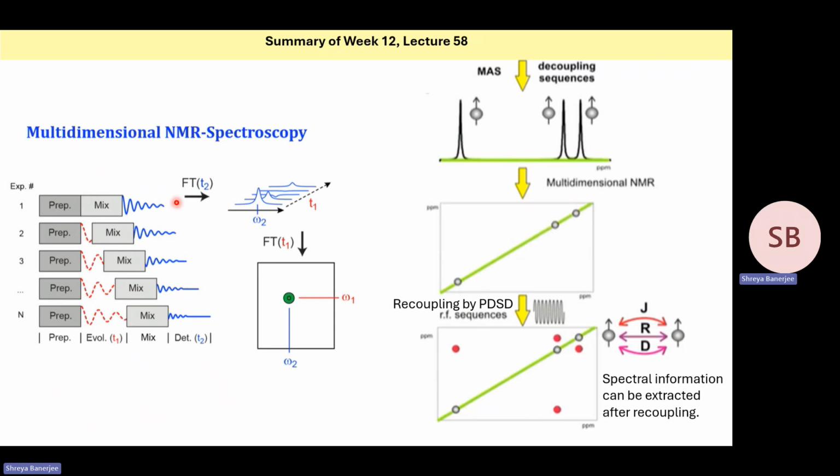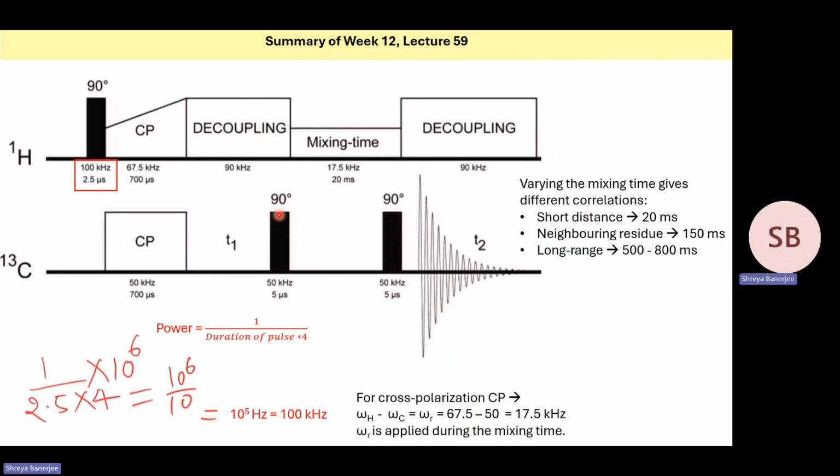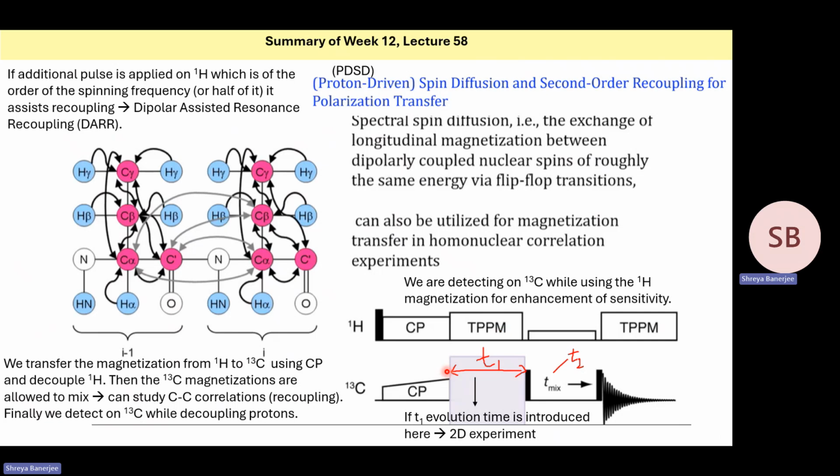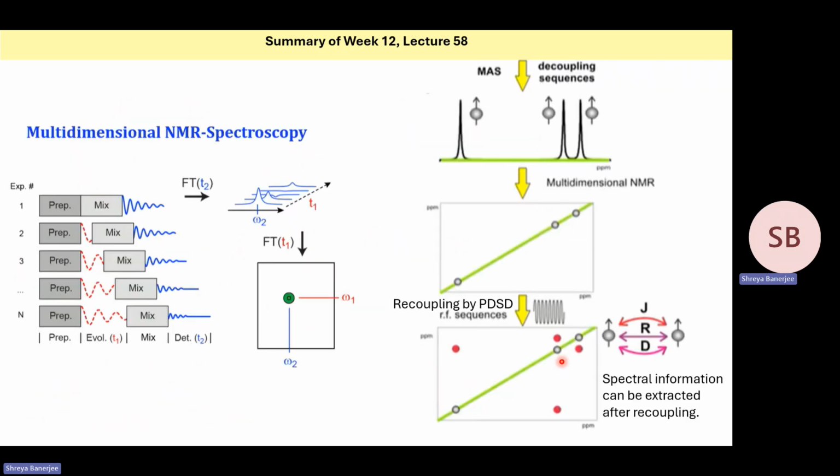So if we do Fourier transform along both the axes, we get the 2D spectra that we know, where from the two time axes, there are two frequency axes, and we will get cross peaks between the two frequency axes. So now if we introduce the t1 time or evolution time before this mixing time, that gives us two time axes and we'll get a 2D spectra.